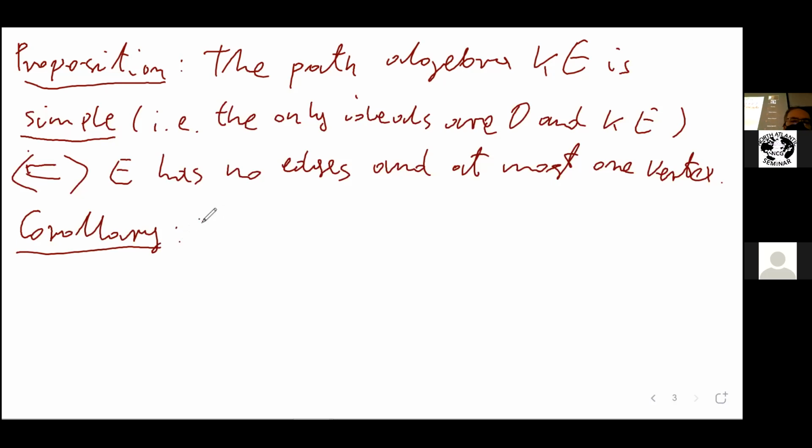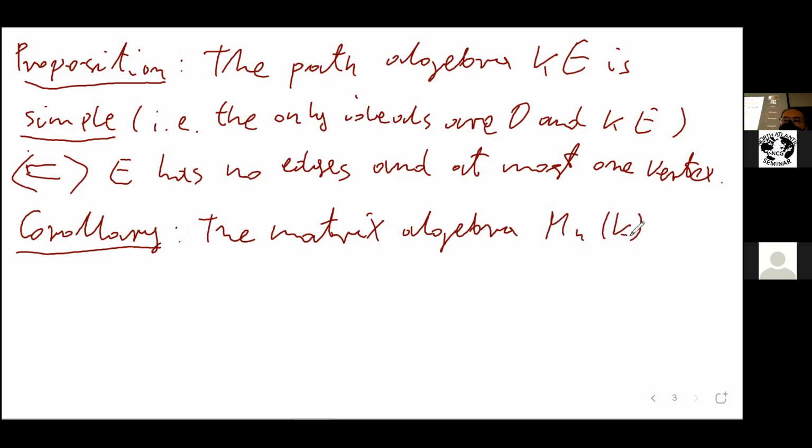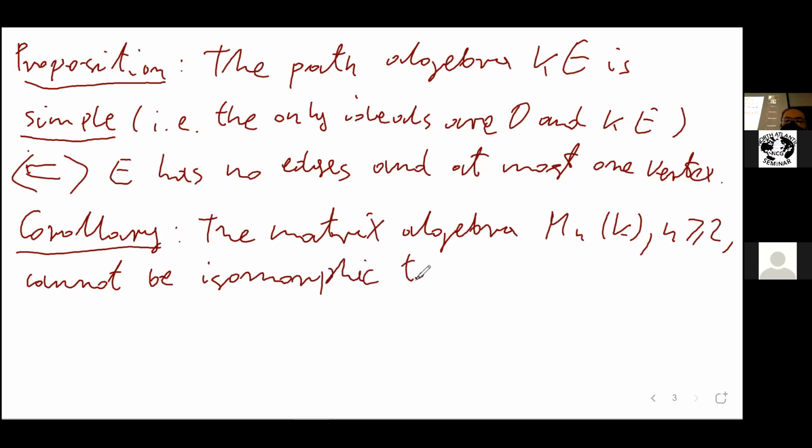The matrix algebra M_n(K) with n greater or equal than 2 cannot be isomorphic to the path algebra of any graph.